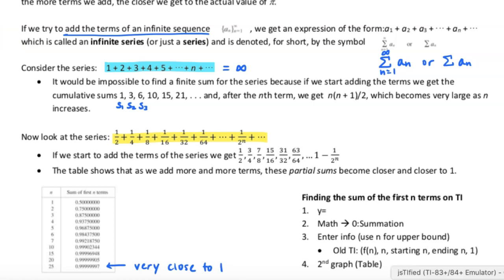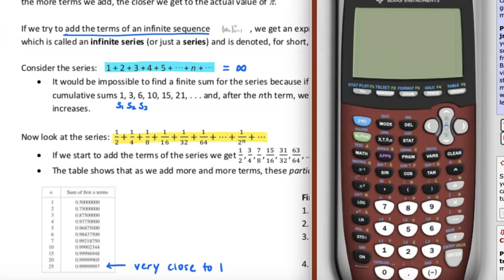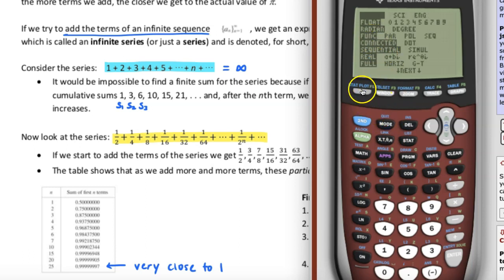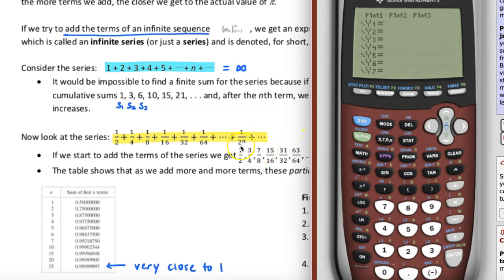And I can easily find a table like this in the calculator, and so let's do that. And so starting off by going to y equals, making sure I'm back in function mode. And now instead of just typing in 1 over 2 to the power of n, I want this to be a series, not a sequence.